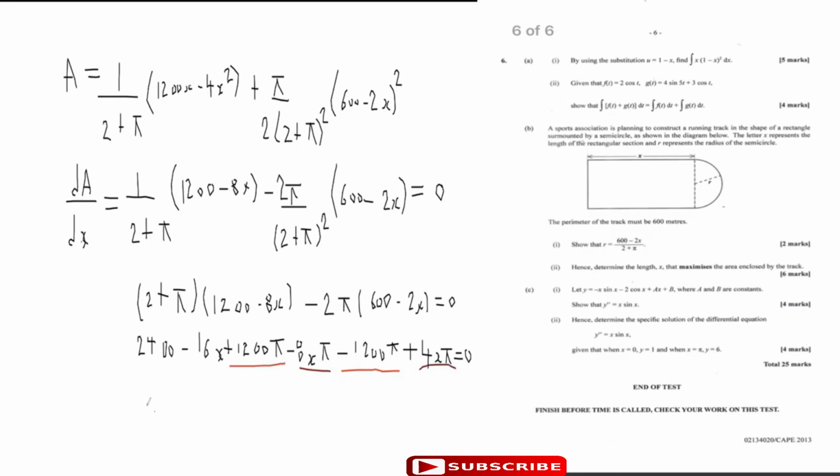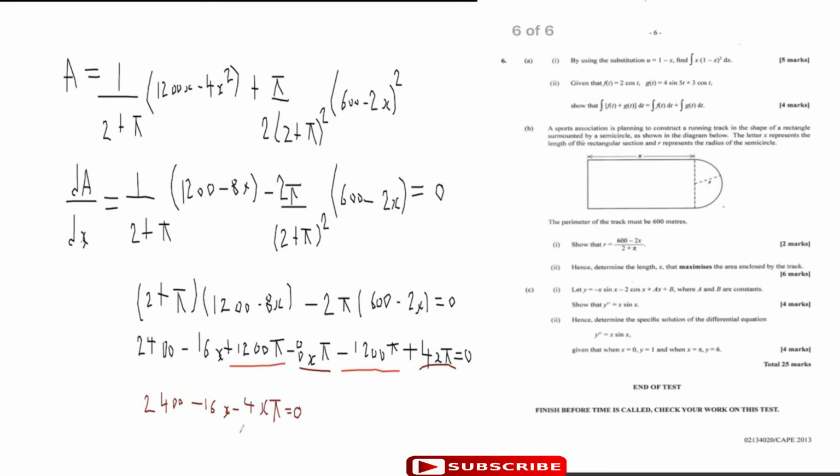So what we're really getting is 2400 minus 16x minus 4x pi is equal to 0.